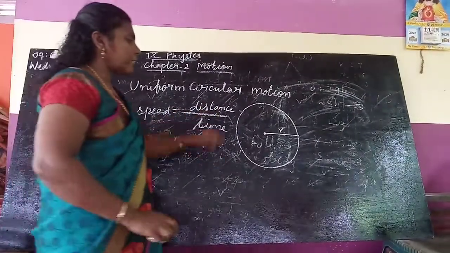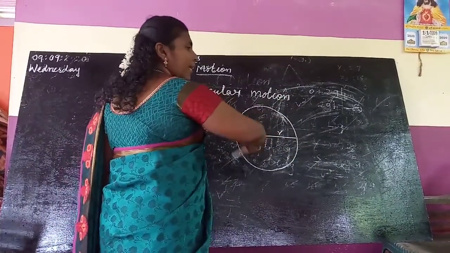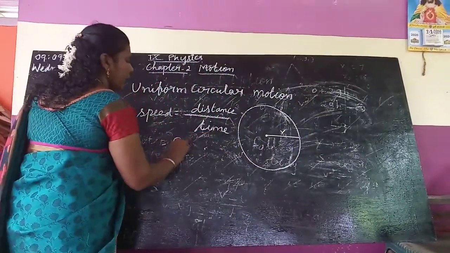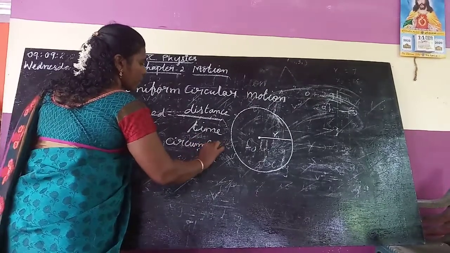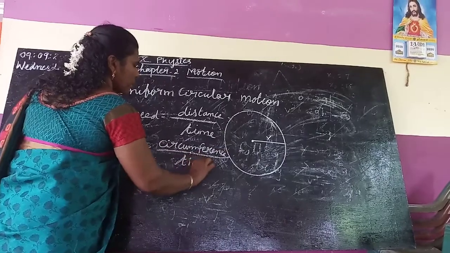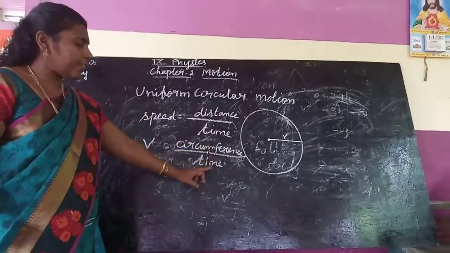Here the object is rotating in a circular path, so instead of distance, we have the circumference of a circle. So instead of distance, we write circumference divided by time. Speed is denoted by the letter v. So v equal to circumference divided by time.